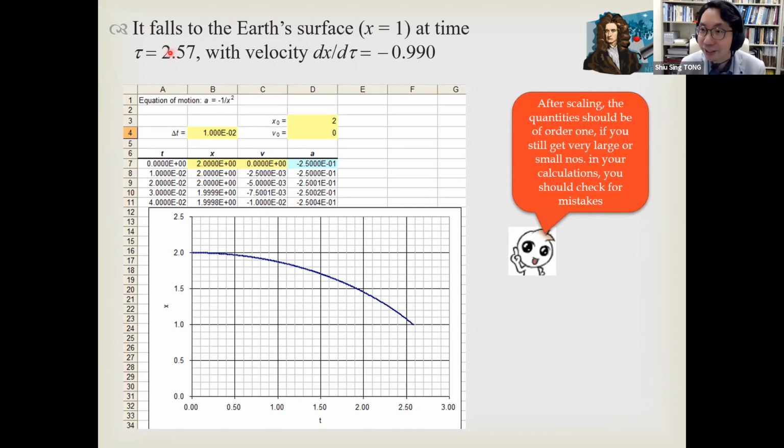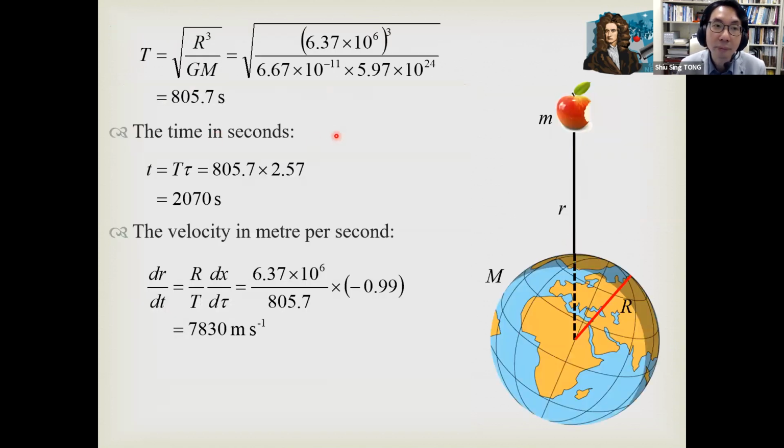After 2.57, it falls to the surface of the Earth. Okay, so I should choose my delta t to be much smaller than this time scale, which is 1, and that's 0.01 in this case.